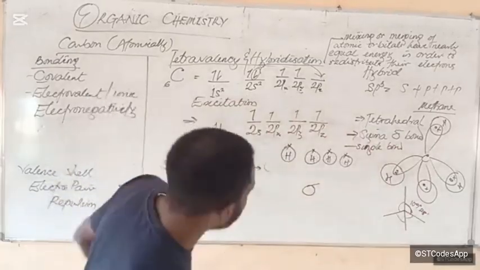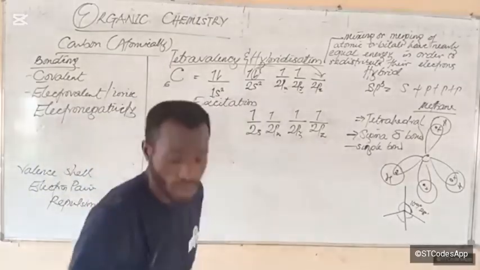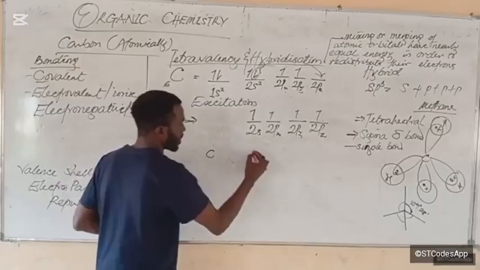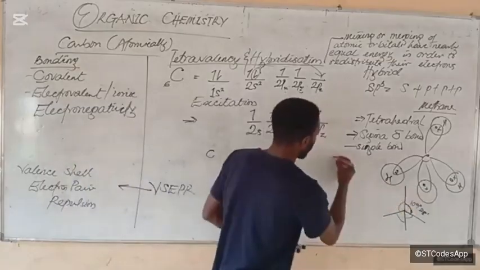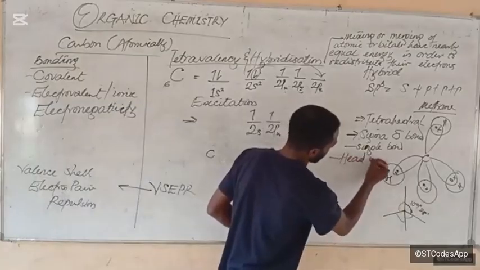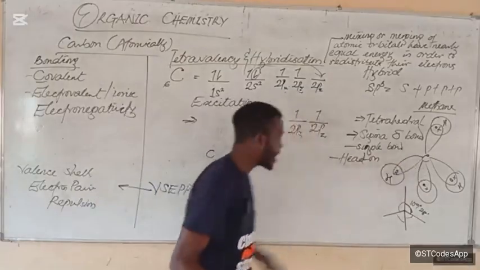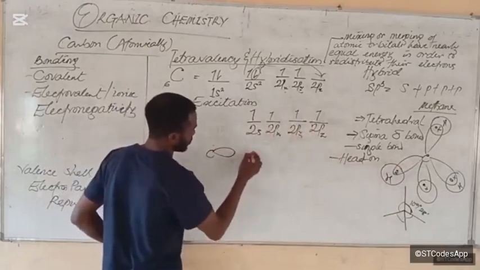If it was an ethane molecule, what you would see is almost the same, but there are two carbons that form head-on overlaps, and head-on overlaps between the hydrogen and carbon as well, and these two carbons also form head-on overlaps.